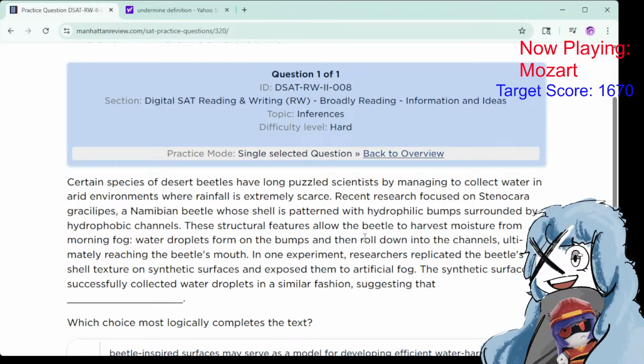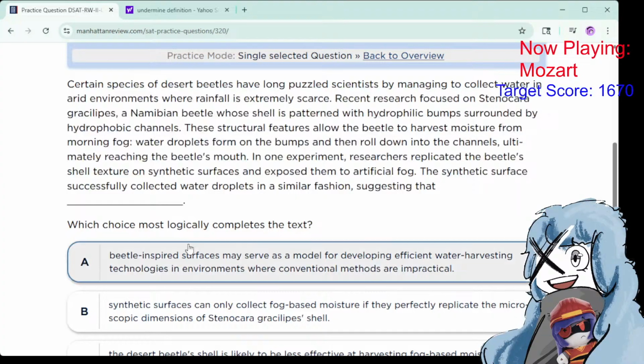These structured features allow the beetle to harvest moisture from the morning fog; water droplets form on the bumps and then roll down the channels, ultimately reaching the beetle's mouth. In one experiment, researchers sought to replicate the beetle's shell structure in synthetic surfaces exposed to artificial fog. The synthetic surface successfully collected water droplets in similar fashion, suggesting that such surfaces may serve as a model for conservation.